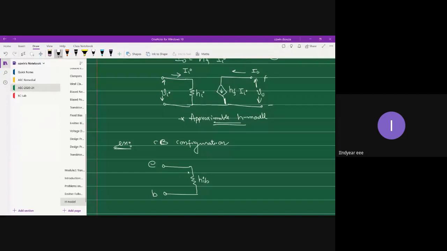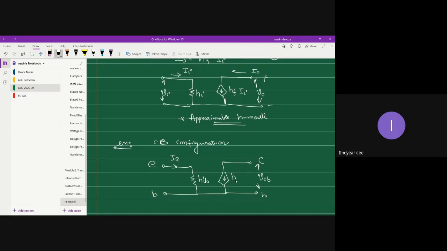This would have been HIB. This is your input current IE, and this is your output voltage, VCB, because base is common, emitter is your input, and collector is your output.